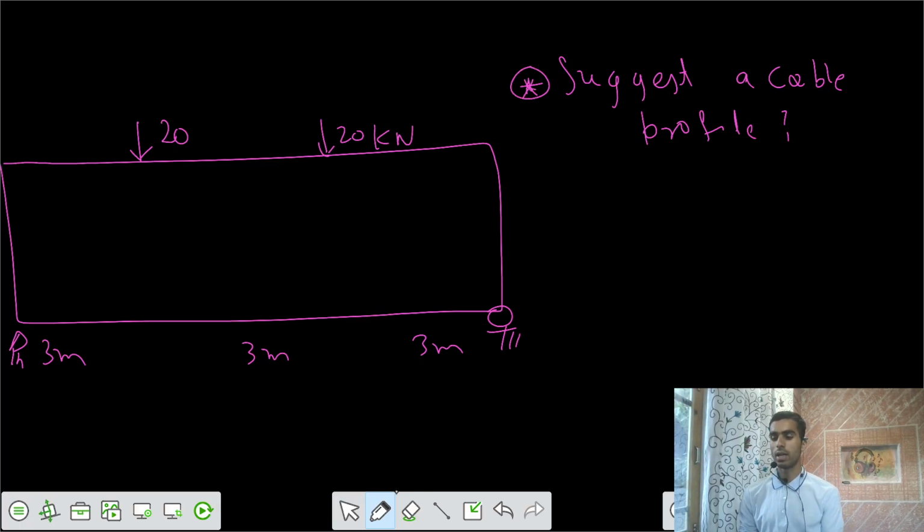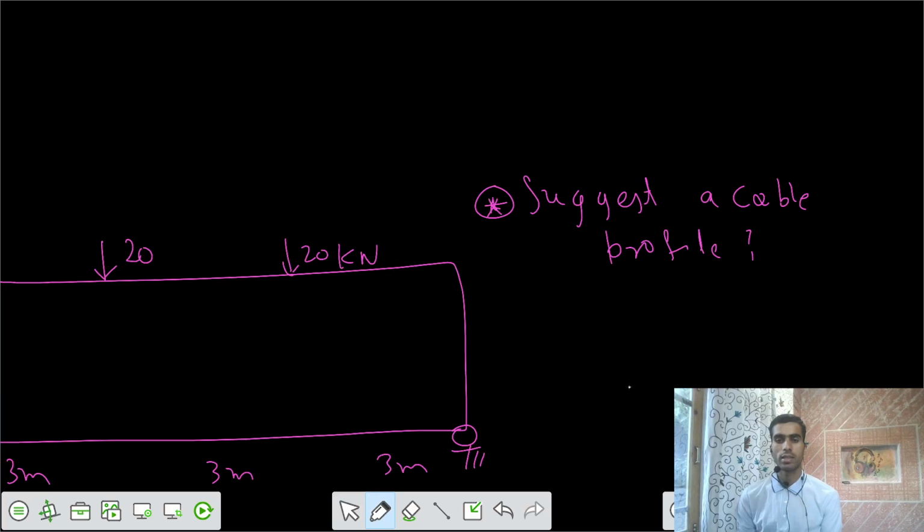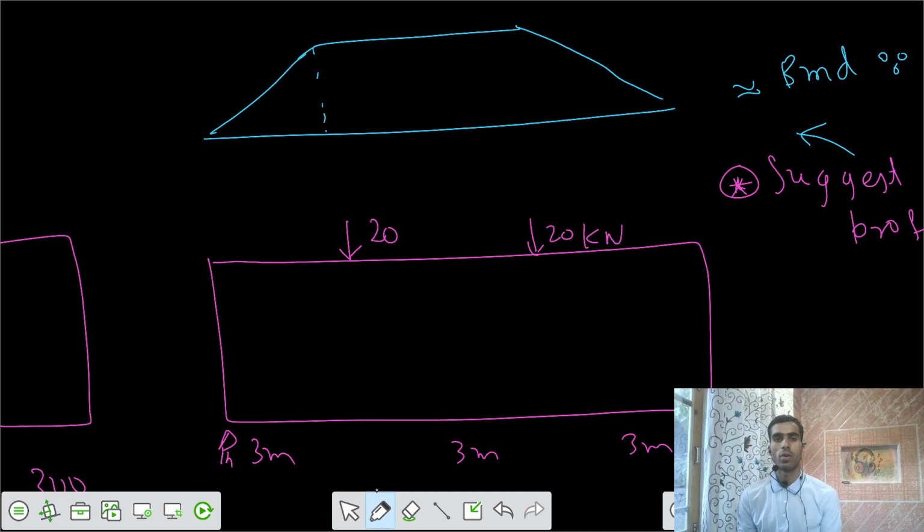Suggest a cable profile, and I would say a cable profile is designed in such a way that it's similar to that of a BMD because of the external loads. So your BMD because of the external loads is a diagram in this fashion, a trapezoidal form with a peak value of P into L by 3, that's 60 kilonewton meter, the maximum value due to the external loads.